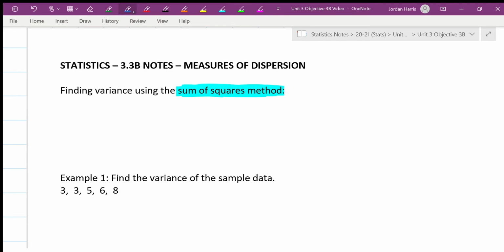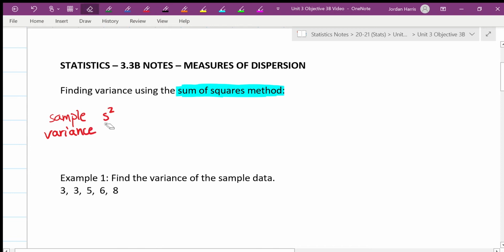square rooting the variance. The sum of squares method, so we have the sample variance, which will be the same letter, s squared. Sample variance s squared.